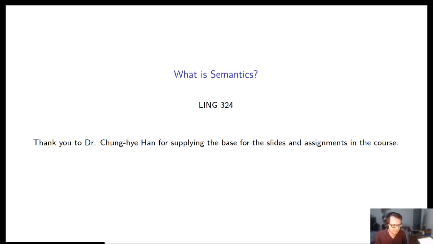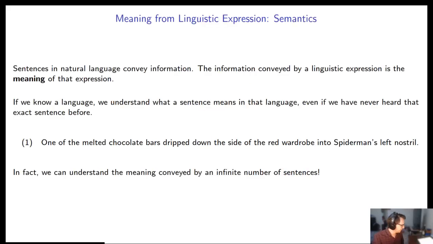So, okay, what is semantics? Semantics is all about meaning. And if we were in philosophy, we could spend an entire 13 weeks arguing about what the word meaning means. And at the end of those 13 weeks, we might not get anywhere, but we would have a lot of arguments in our head. Luckily, in this course, we're not going to really entertain any of those arguments.